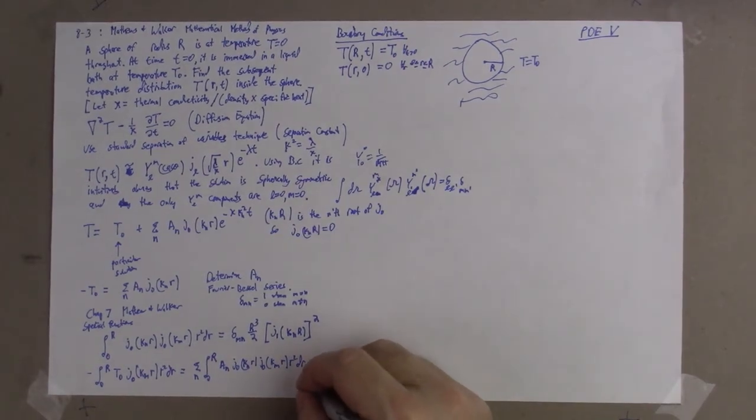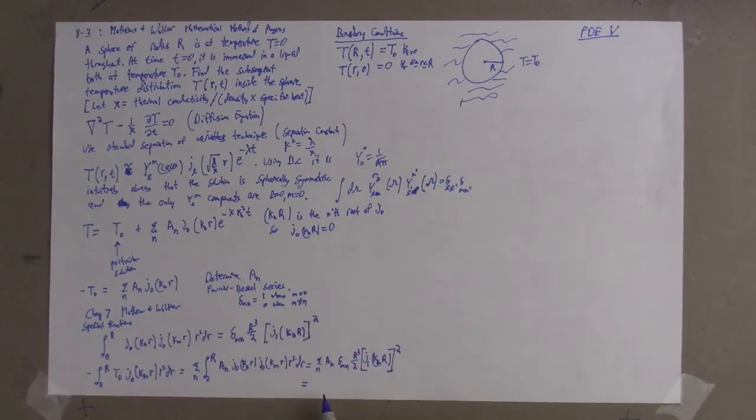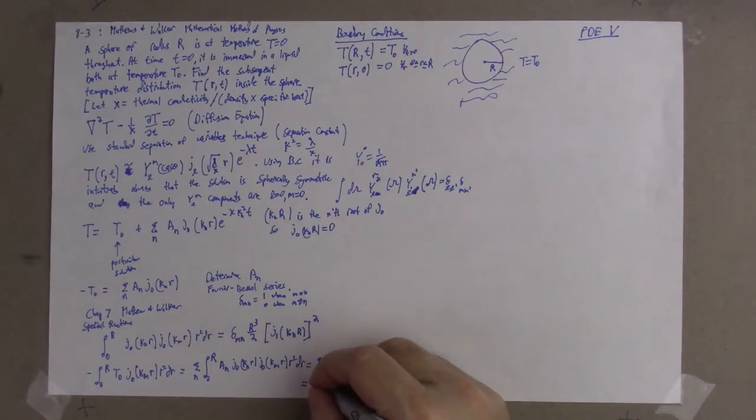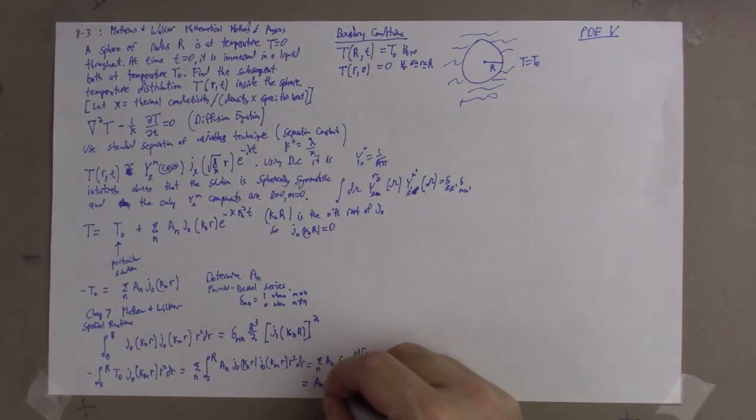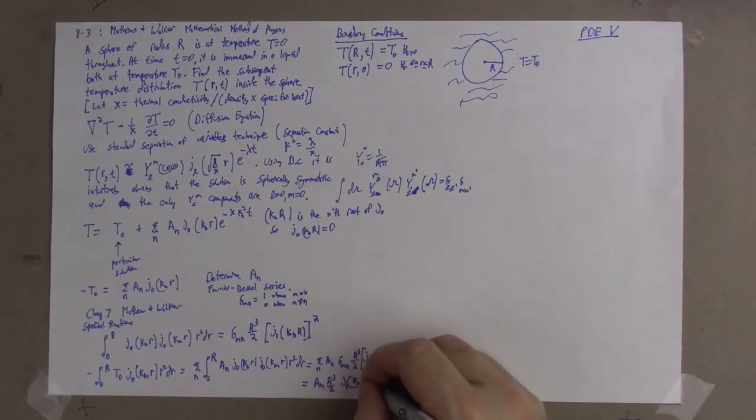And this is equal to, because the only term that contributes here is when n equals m, am R cubed over 2 J1 kmr squared.